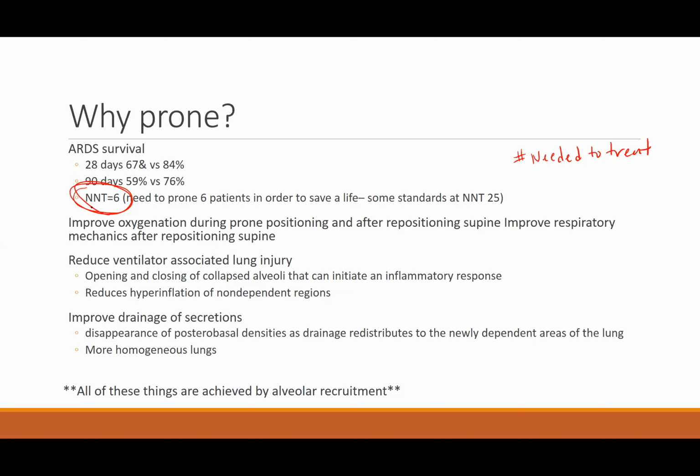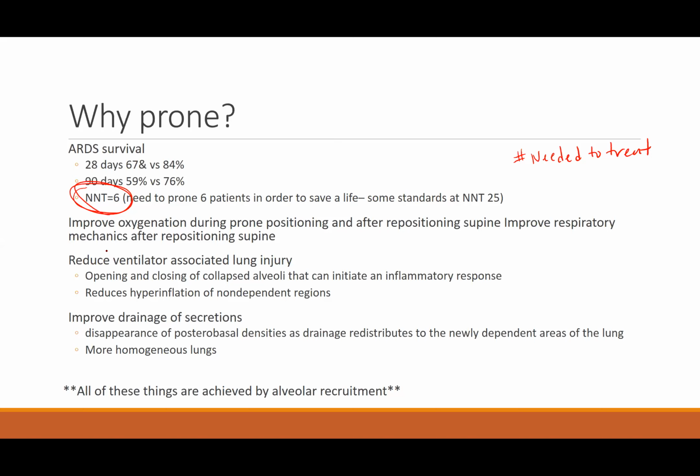So other than the statistics, what does proning actually do for us? Why does it increase survival? Why does it help us save lives? It does some primary things. The first thing that it does is it improves oxygenation. When a patient is proned, their oxygen gets better. Their respiratory mechanics get better.